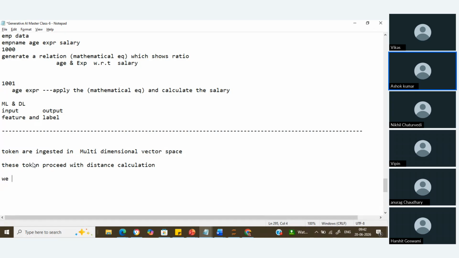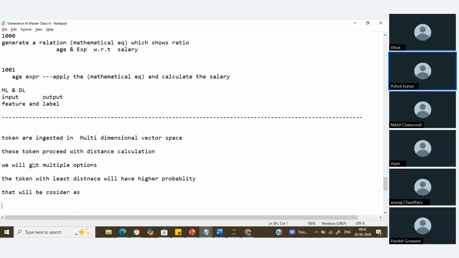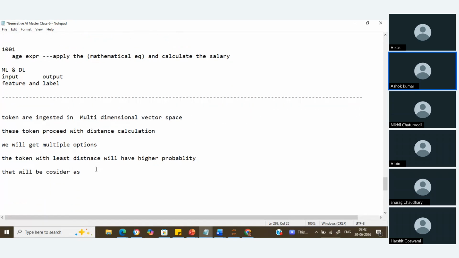We will get multiple options. The token with the least distance will have higher probability, and that will be considered as the final output.